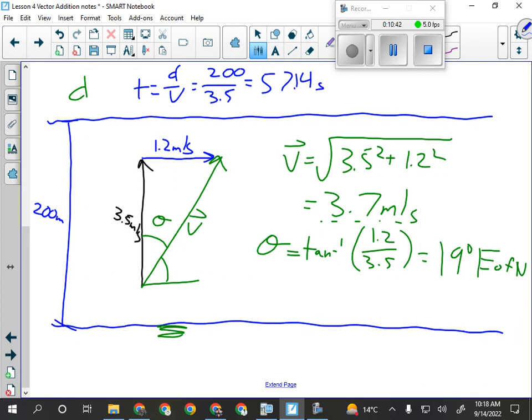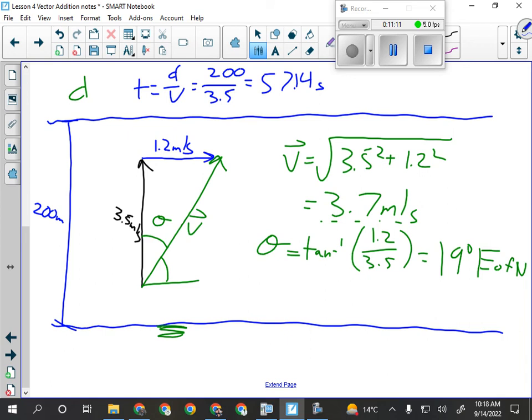Okay, the entire time I'm crossing the river, what am I also doing? Going farther east. At what velocity? Okay, so can I use that 57.14 to go along with the downstream? I sure can, because once I get to the other shore, I'm not going to be doing either one of them. So they happen for the same amount of time because they're the same trip, from two different points of view.